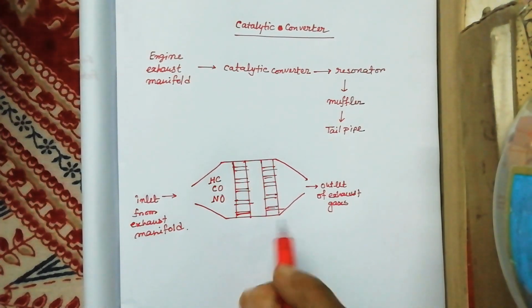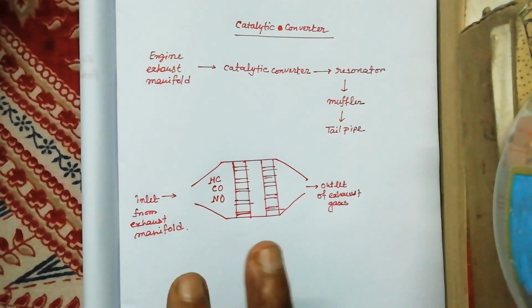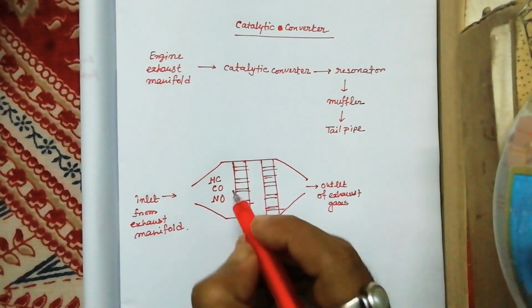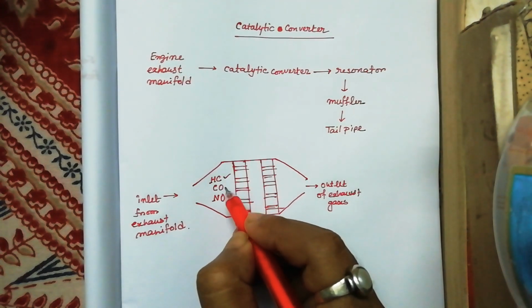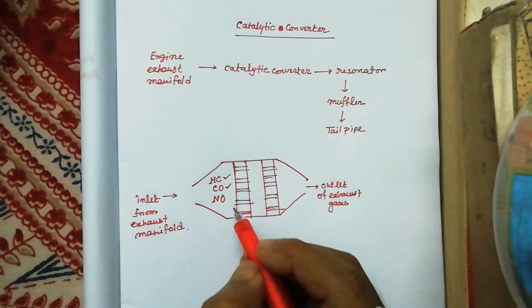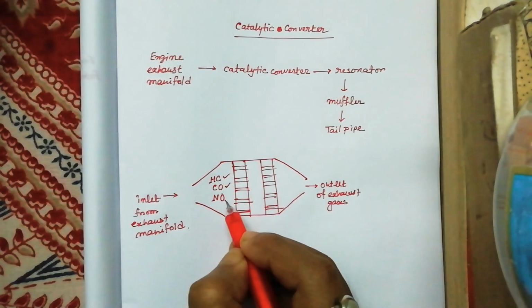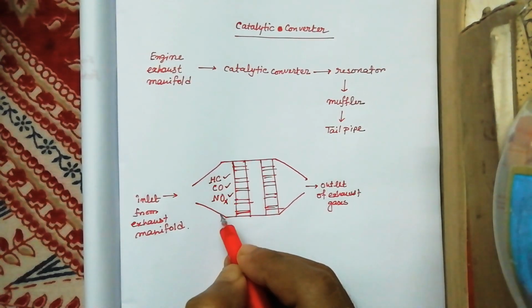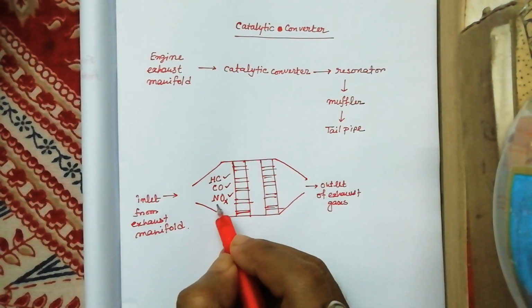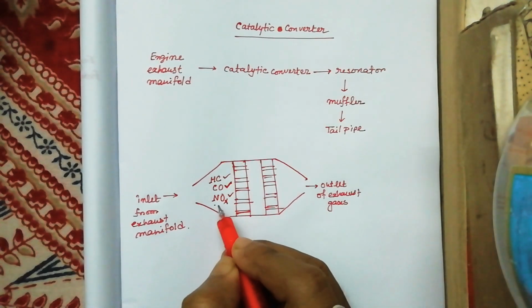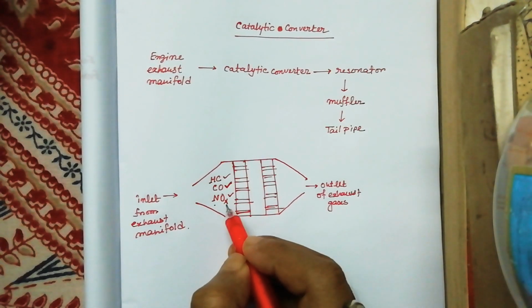So there are basically two types of catalytic converter. One is the two-way catalytic converter and another is the three-way catalytic converter. In the two-way catalytic converter, we deal with the hydrocarbon and carbon monoxide only, with the help of an oxidation reaction. In the three-way catalytic converter, we deal with all three pollutants: these two are dealt with by the oxidation process, and NOx, the oxides of nitrogen, is dealt with by the reduction process.